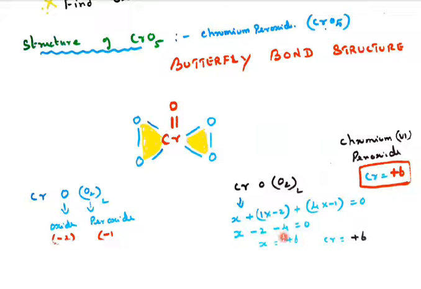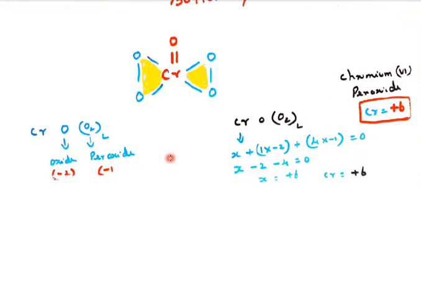So minus 2 minus 4 equals plus 6. Chromium oxidation state is plus 6. That is why it is called chromium 6 peroxide. Peroxide means considered as minus 1, minus 1, and then very easily we can identify the oxidation number of the atom, chromium or cobalt, anything else.